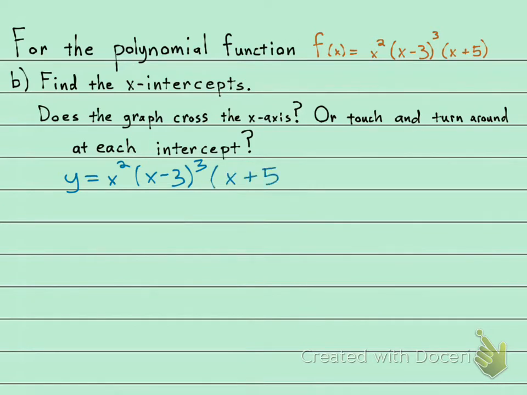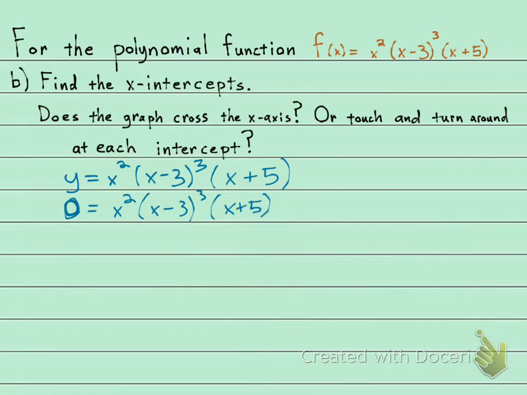If I rewrite it with a y instead of the f of x, everything's the same except f of x now is y. How do I find an x-intercept? I plug in 0 for y. So 0 equals x squared times x minus 3 to the third times x plus 5.